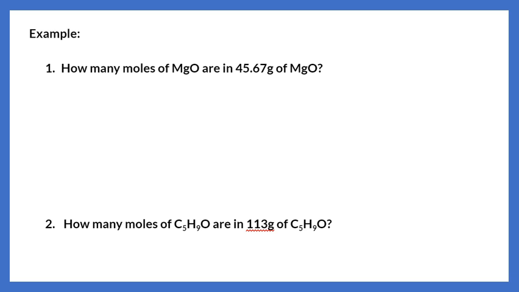Let's practice. So first thing we need to do is calculate molecular weights. So how many moles of MgO are in 45.67 grams of MgO? Well, we have 1 times magnesium, which is 24.303, plus 1 times oxygen, which is 16.